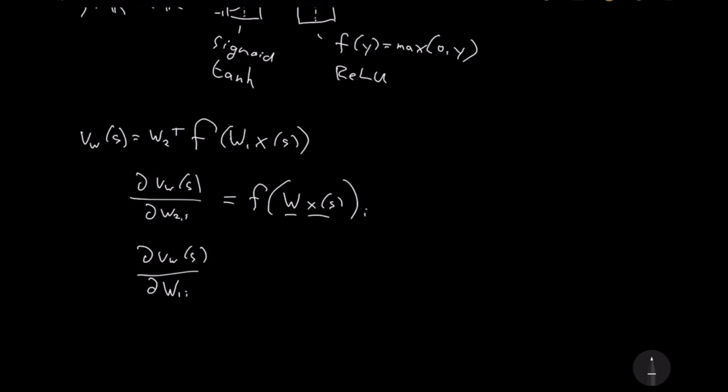So let's consider, for instance, i and j. So it's a matrix, right? So we need to index twice to get one element. And this can be computed just by the chain rule. So what we'll get is essentially that we'll have the gradient of v_w by the intermediate thing.